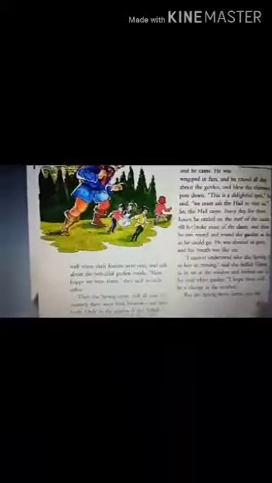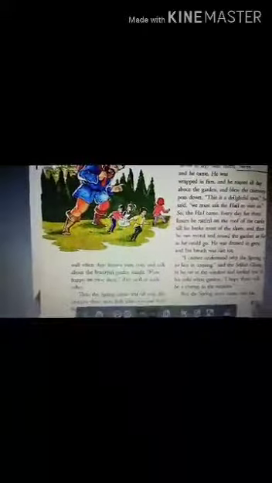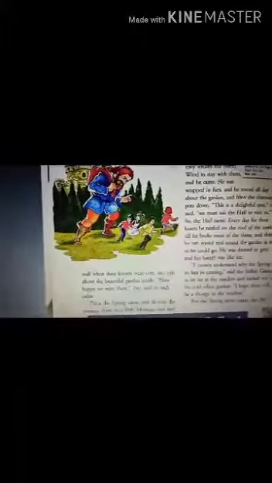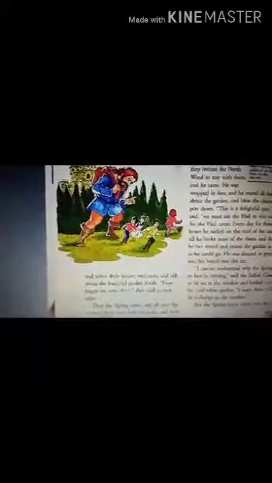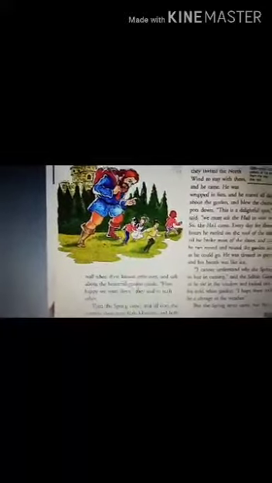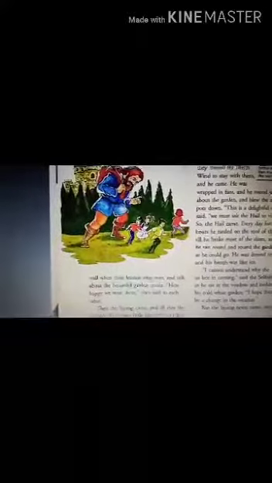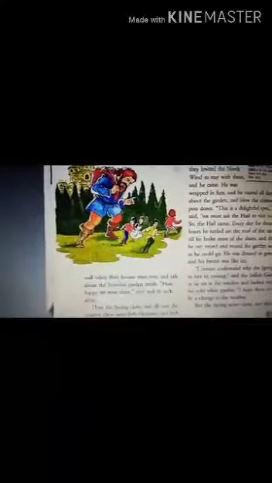The hail, every day for 3 hours, rattled on the roof of the castle till he broke most of the slates, and then he ran round and round the garden as fast as he could go. He was dressed in grey, and his breath was like ice. So the Giant was not able to find out what had happened to his garden, why there were no flowers. But spring never came in his garden.